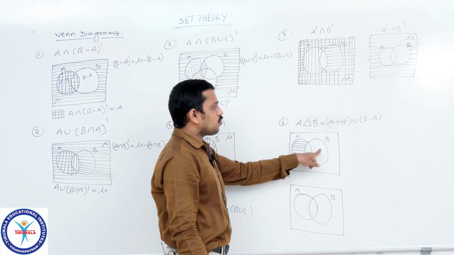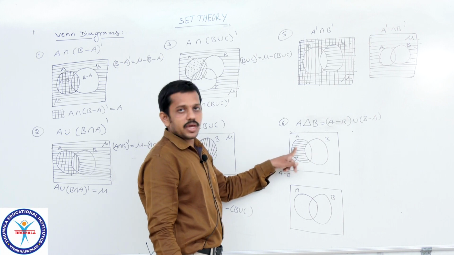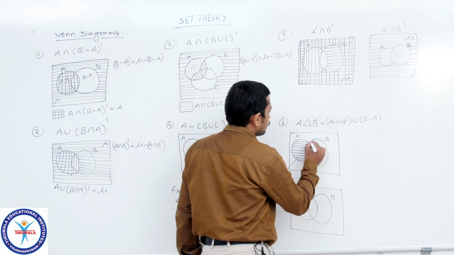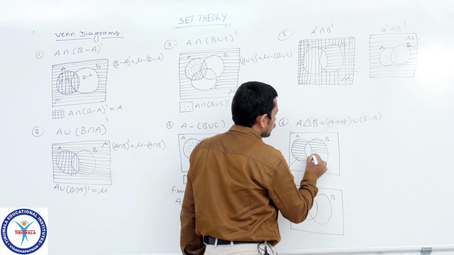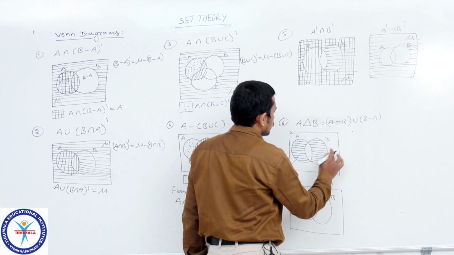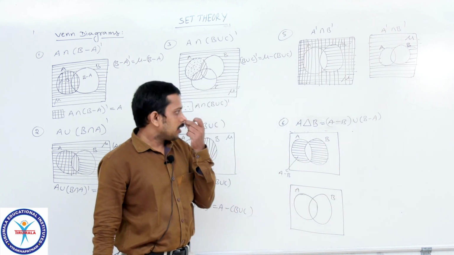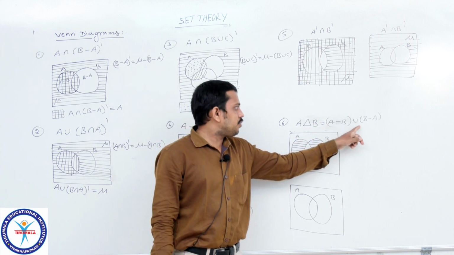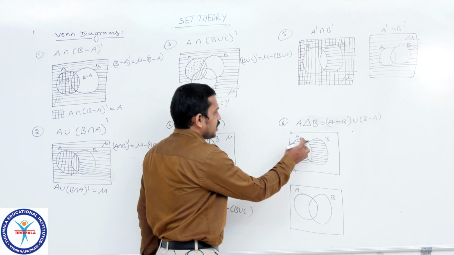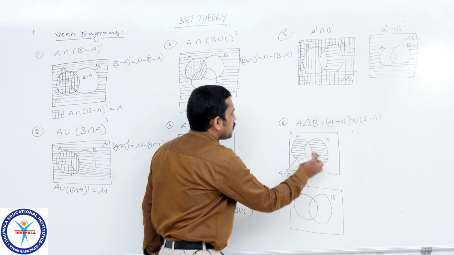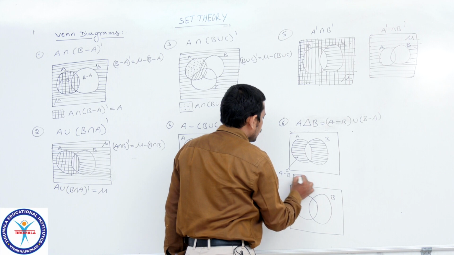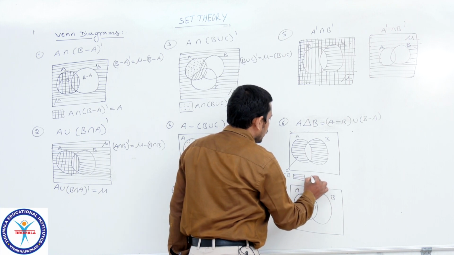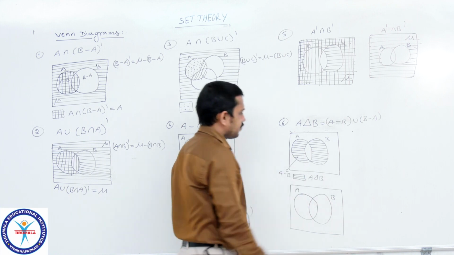The region belonging to only B, not belonging to A, means this is the region. Now, A minus B union B minus A means either belonging to A minus B or B minus A, means these two combinedly taken as A delta B. So, this shaded region is A delta B.